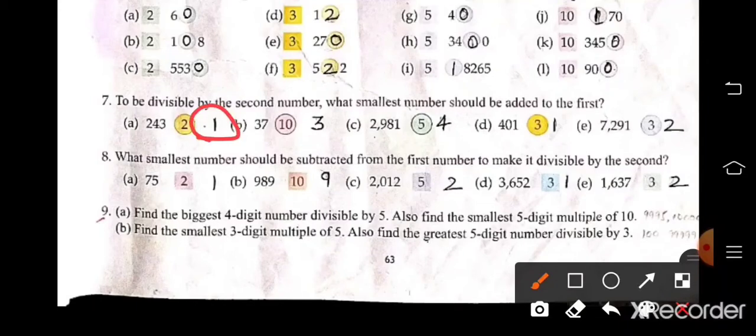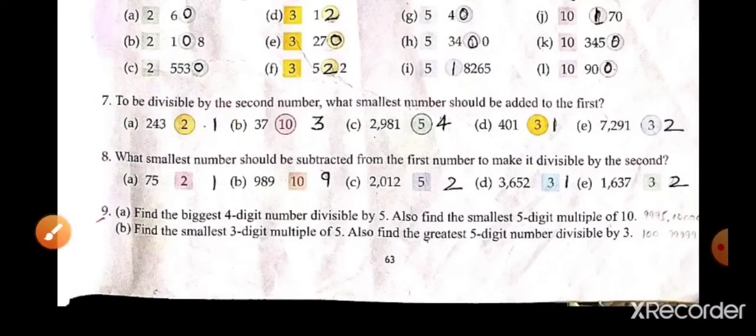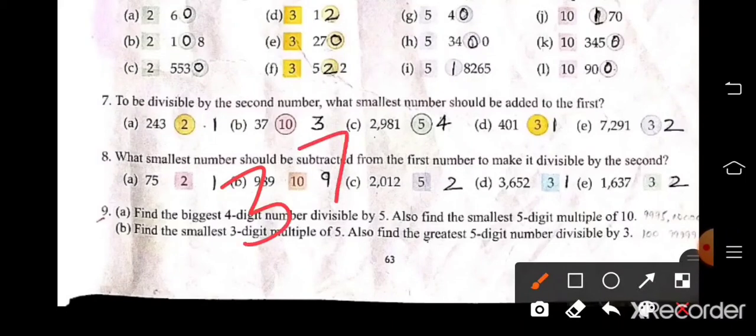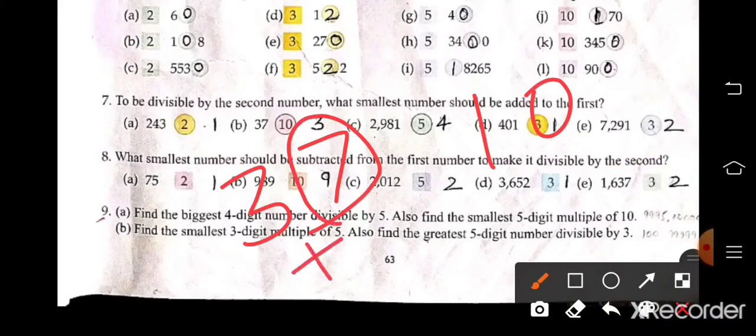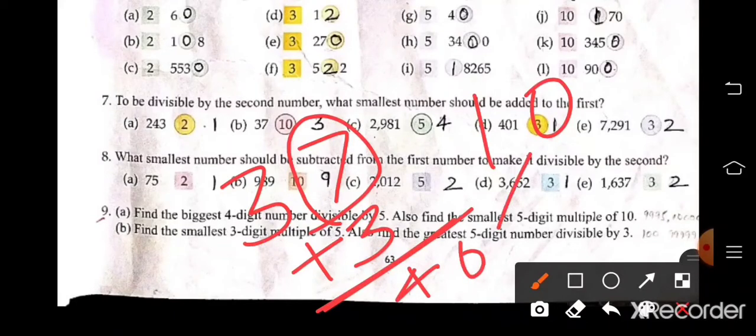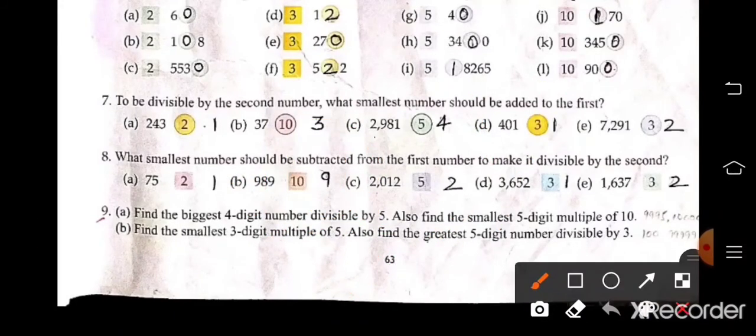So 1 should be added to 1243. Now 37, 10. So for division by 10, here should be 0. So for 0, 7, we should add here 3. Okay, so it becomes 40, and 40 is divisible by 10. So here we should add 3. Okay, so like this we have to do these parts also.